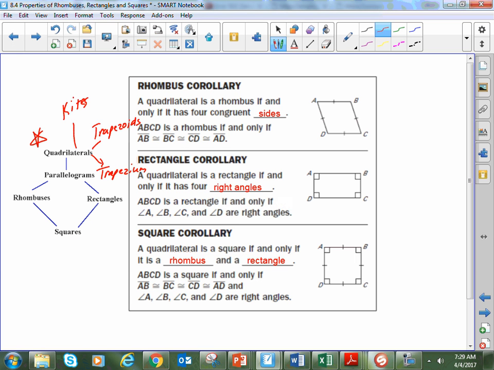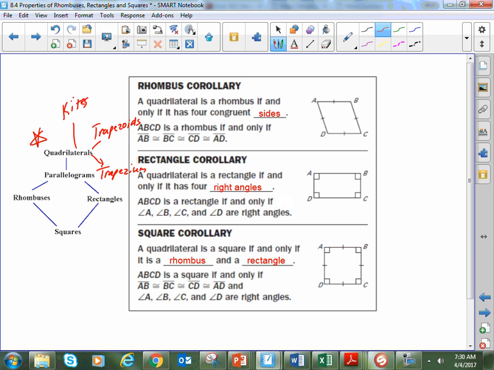Trapezium, I'm pretty sure that nobody's ever heard of before because it's not something that we talk about a lot. A trapezium is simply a quadrilateral that has really nothing unique about it. It has no parallel sides. It has no supplementary angles, congruent angles, anything like that. What makes a quadrilateral a trapezium is simply that everything about it is different.